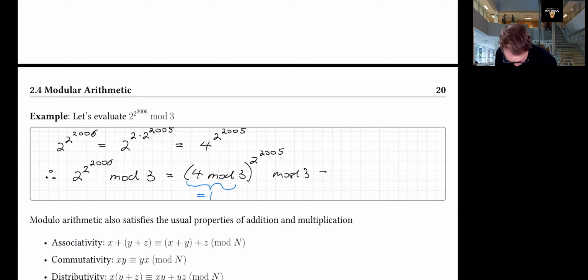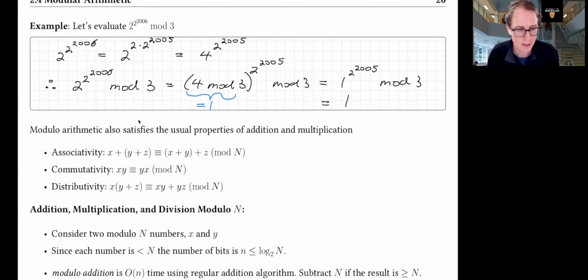So this is just equal to then 1 all to the power of 2 to the power of 2005 mod 3, which is equal to 1. And so I was able to calculate the mod of this enormous number, without having to actually calculate the number. And that can be quite useful.